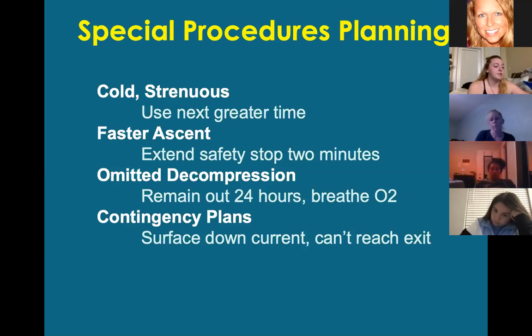It's really dangerous, so make sure you're diving within your table limits. And then contingency plans. If there's a surface down current, or if you can't reach the exit, make sure you have plans for those. That means coming up with enough air that if there was an issue, you have enough to breathe through that issue.